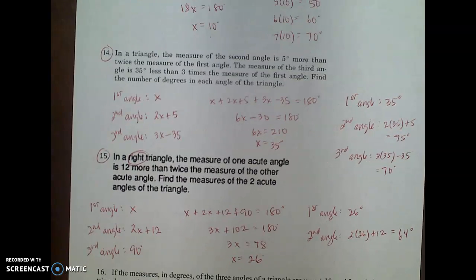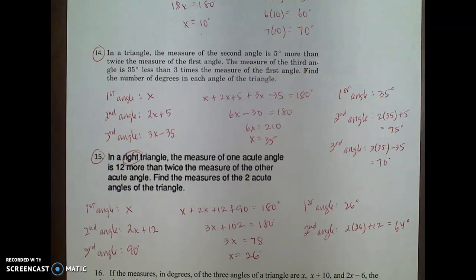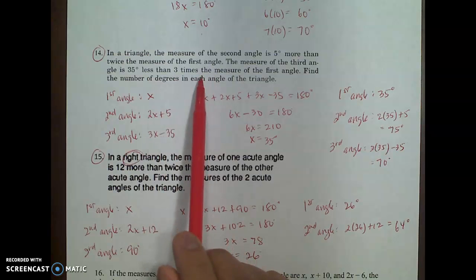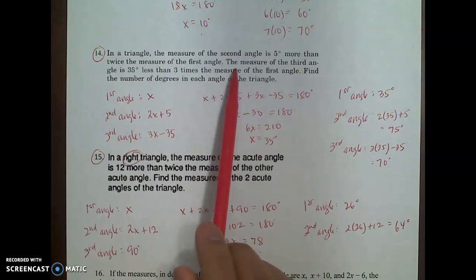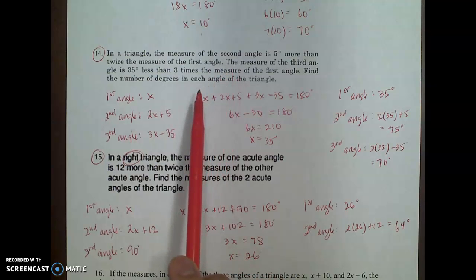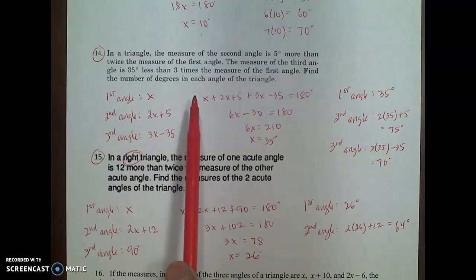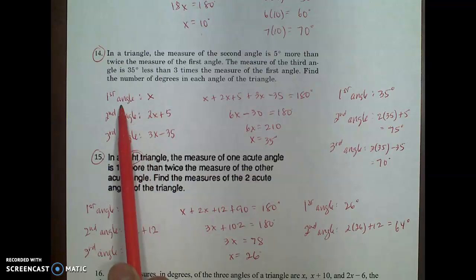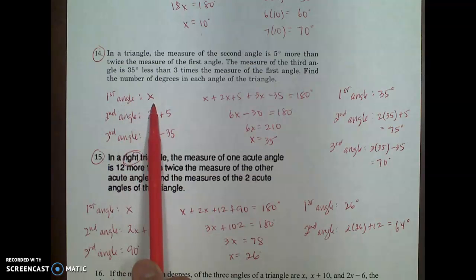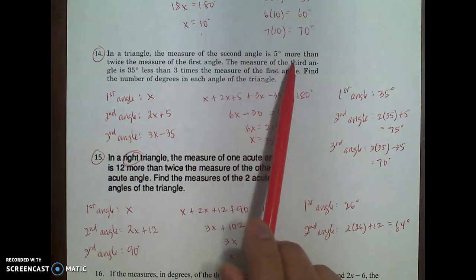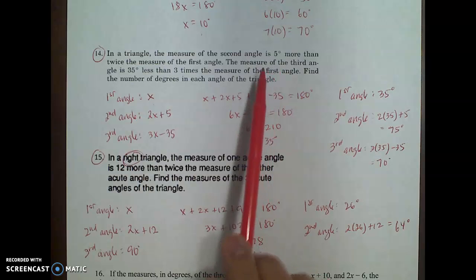Alright, for the next 2 word problems, as you read through the problem, 2 of the 3 angles are defined based off of one angle, the first angle. So we're going to let the first angle have a measurement of x. It says the second angle is 5 more than twice the measure of the first.